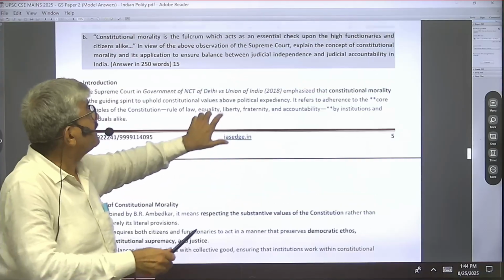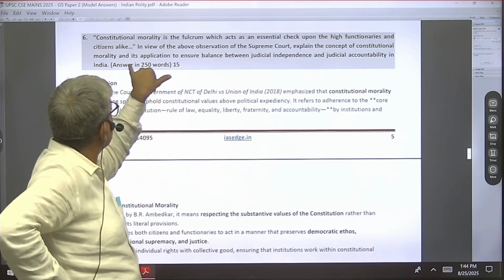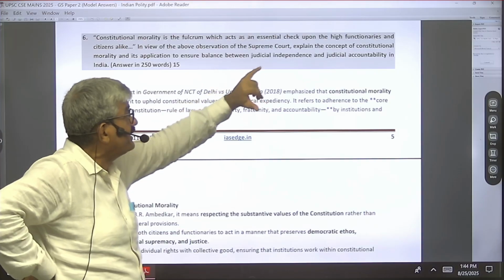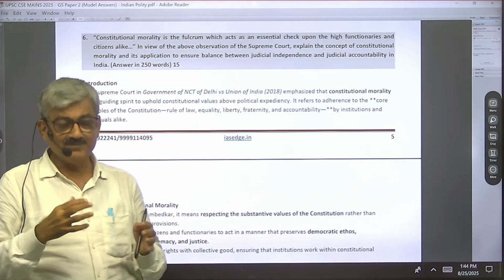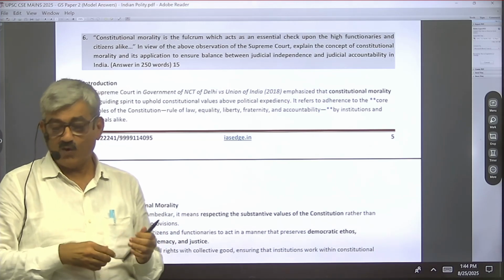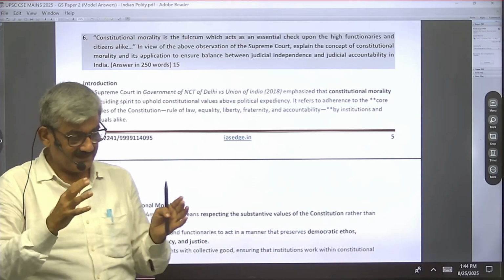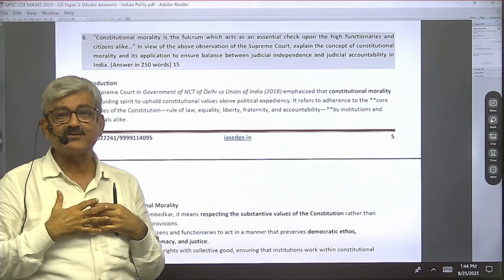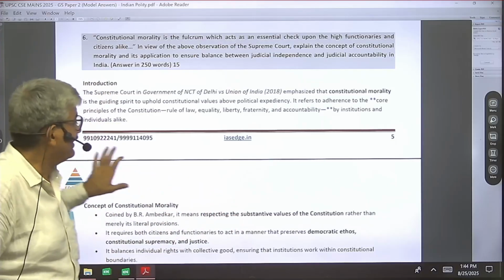And the question says that the concept of constitutional morality should also be applied to the boundaries between judicial independence and judicial accountability. It means that our question framers also had a thinking that the aspirants of civil services should know the functioning of the judiciary. Hence this question.